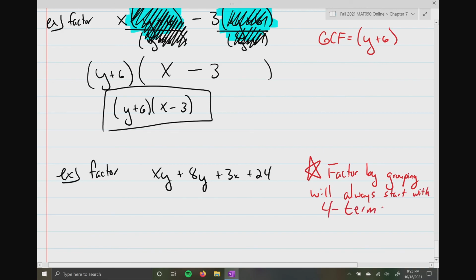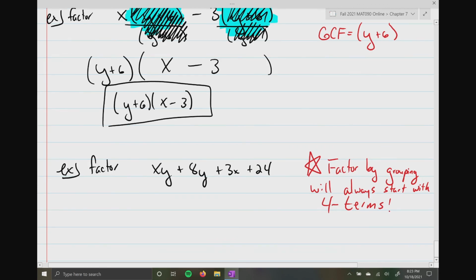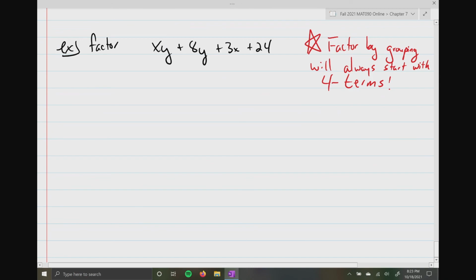Always. So if you look at the problem right now, xy plus 8y plus 3x plus 24, and I notice 1, 2, 3, 4 terms. I'm already thinking, oh, I got to factor by grouping. Like that's what this is all about, recognizing what you're given. So since I have 4 terms, I'm going to write this down as steps.